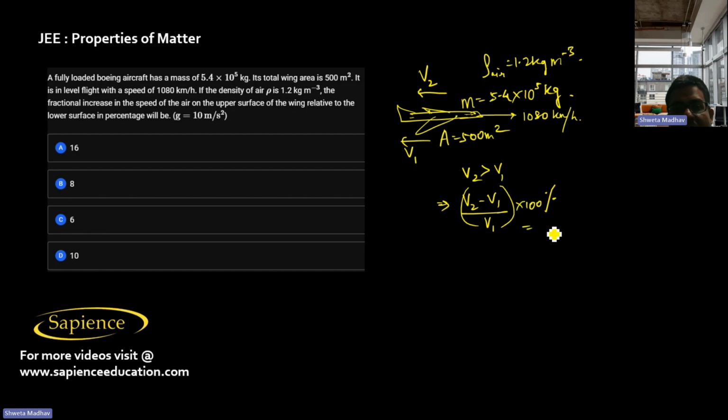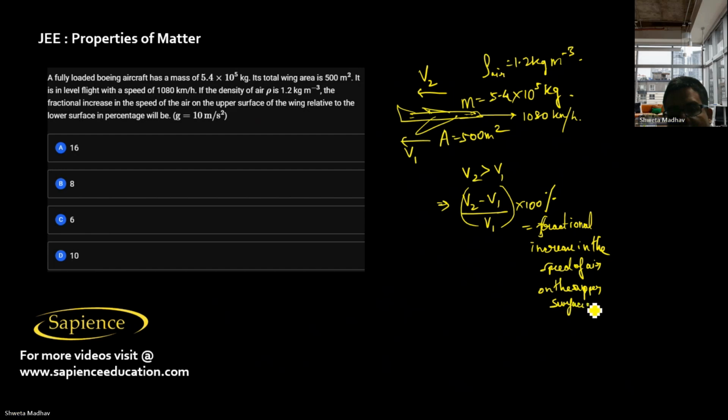That will give you the fractional increase in percentage of the speed of the air on the upper surface of the wing relative to the lower surface.